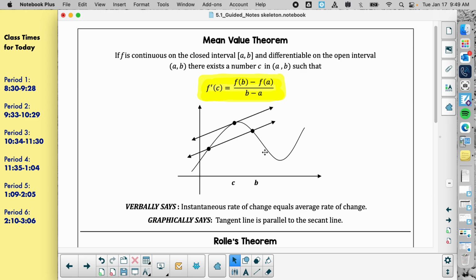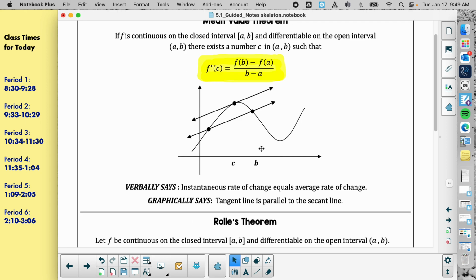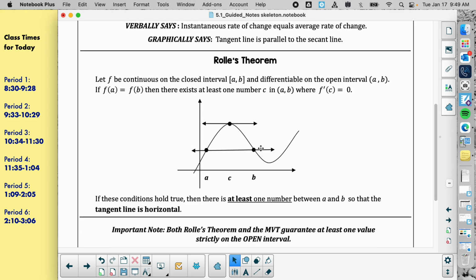The two endpoints could still be level on mean value theorem, but Rolle's theorem is only this one case. And so it's a separate theorem. I'm not the one making up the rules. So this is going to be called Rolle's theorem. The only difference is the endpoints have to be the same.